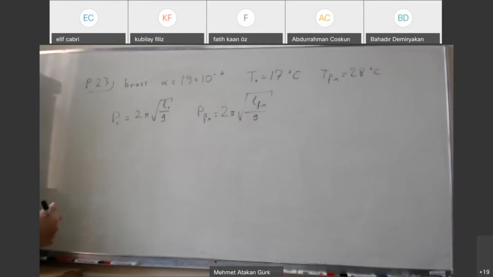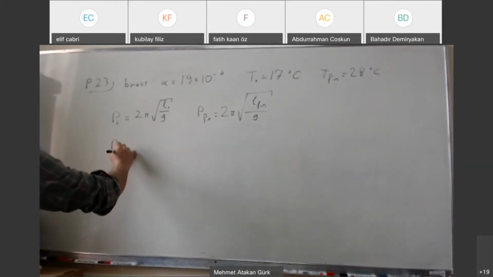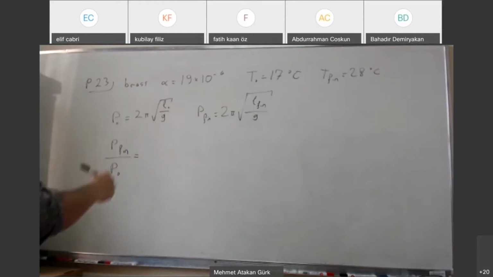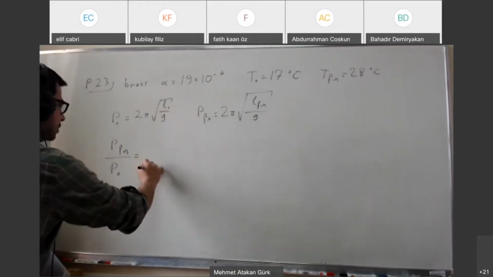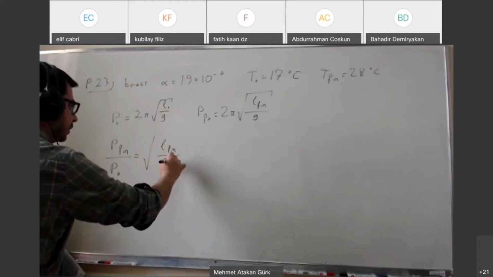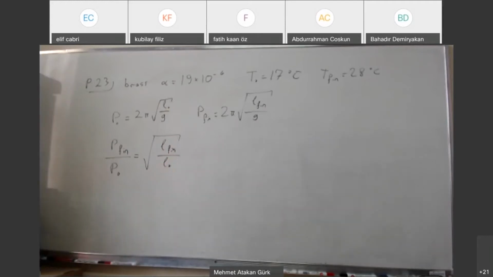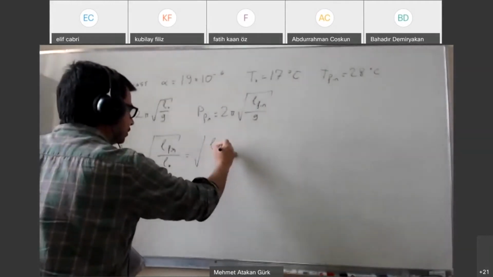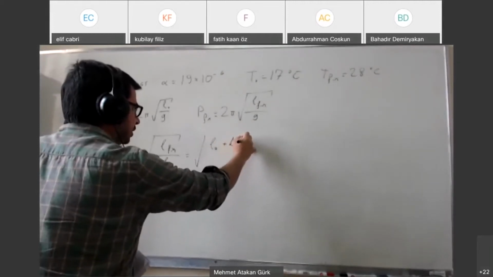So let's take the ratio of these two. P final divided by P naught: 2 pi is going to cancel, the square roots of g are going to cancel, and we're going to have the square root of L final divided by L naught. And this L final is simply our initial length plus the change in this length.